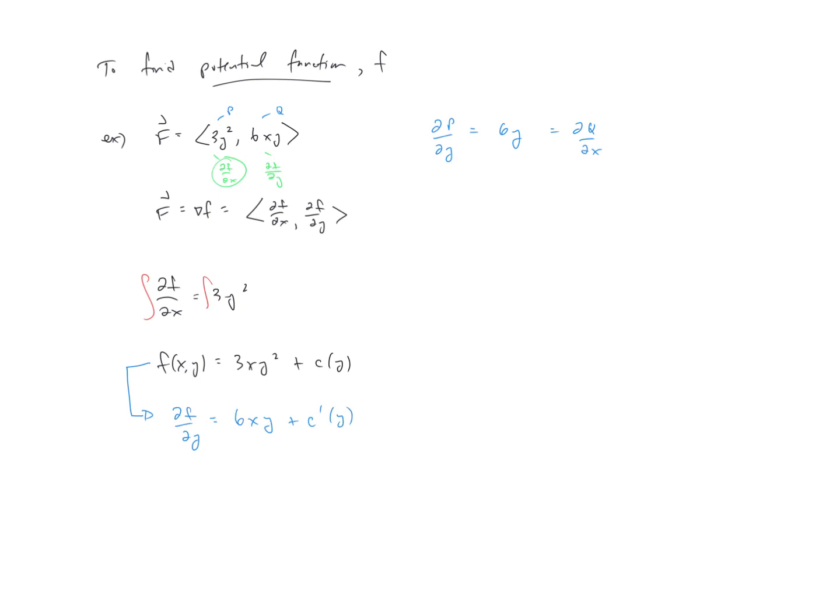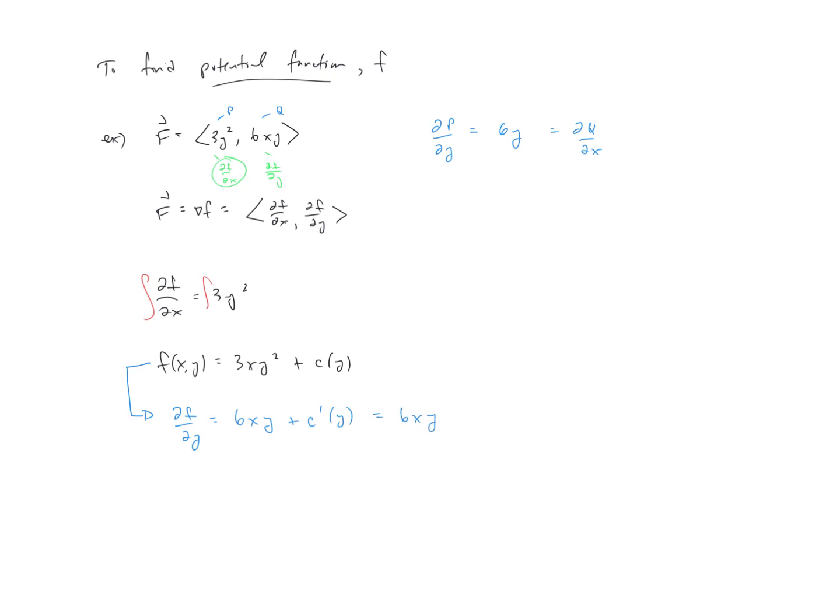Now, the reason why it was so important to use this to come up with it is now because I'm going to take it and set it equal to what we defined as partial f partial y from above. So I'm going to take this whole thing and set it equal now to what it was from the vector field. So that's going to be equal 6xy.